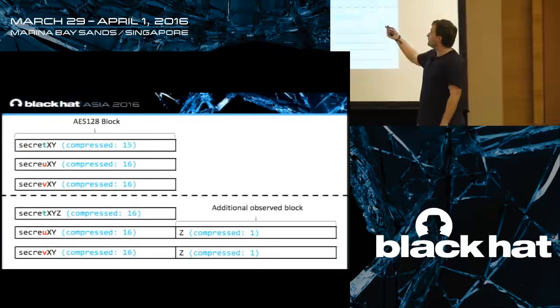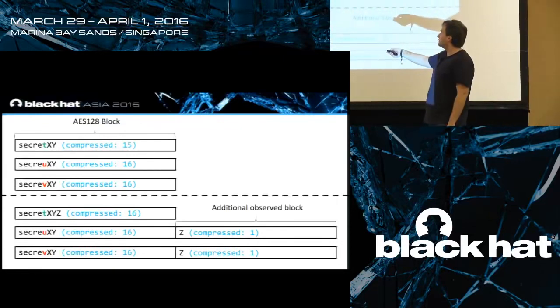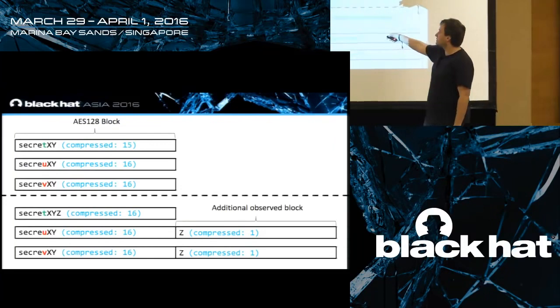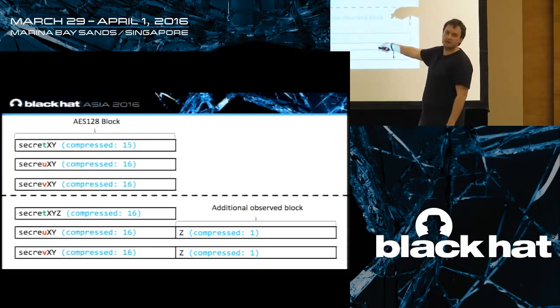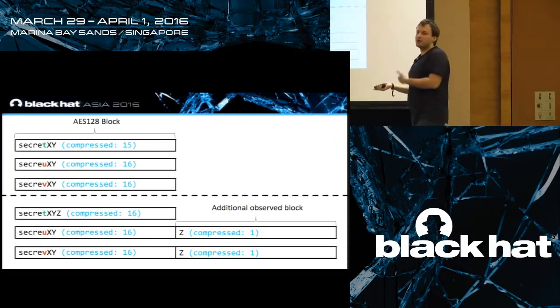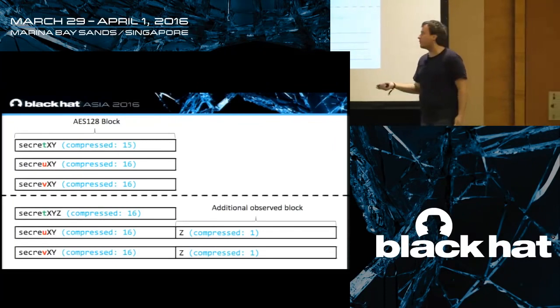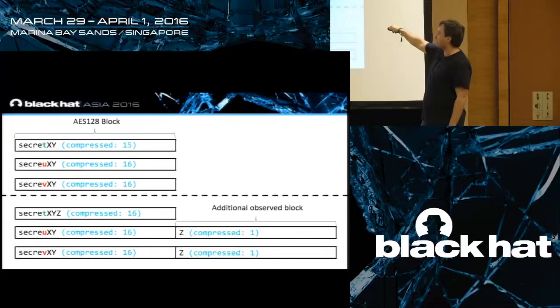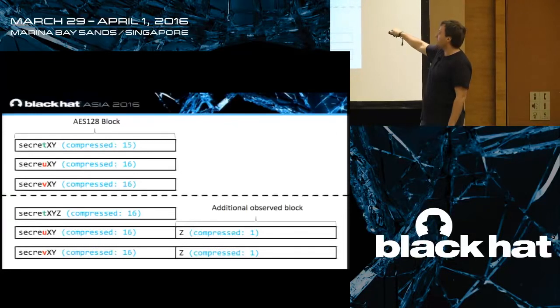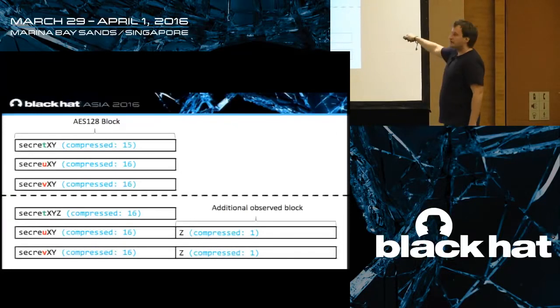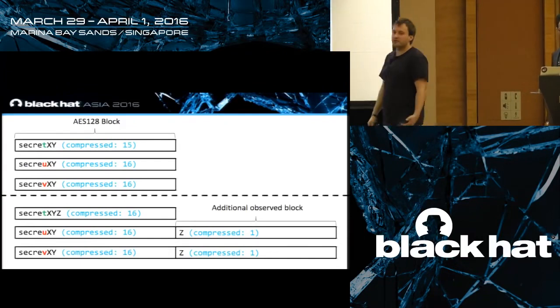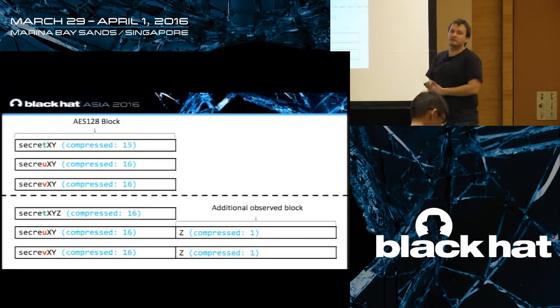So let's say for example, we know the first 5 characters of the secret, it's secret. And then we're trying to guess if it's T or U or V, right? The red ones are the wrong ones, and T, of course, the green one, is the right one. And you can see we have added some padding at the end, XY. And you can see that XY was the wrong padding. So this compresses to 15, 16, 16, but because it's encrypted with AES, this is rounded up to 16 exactly.